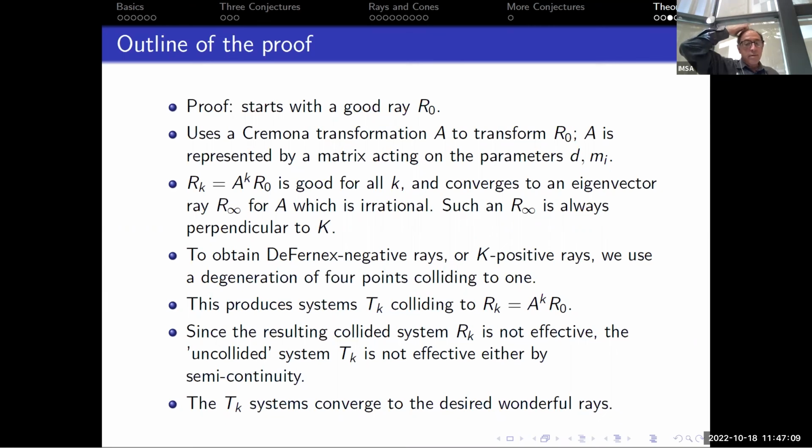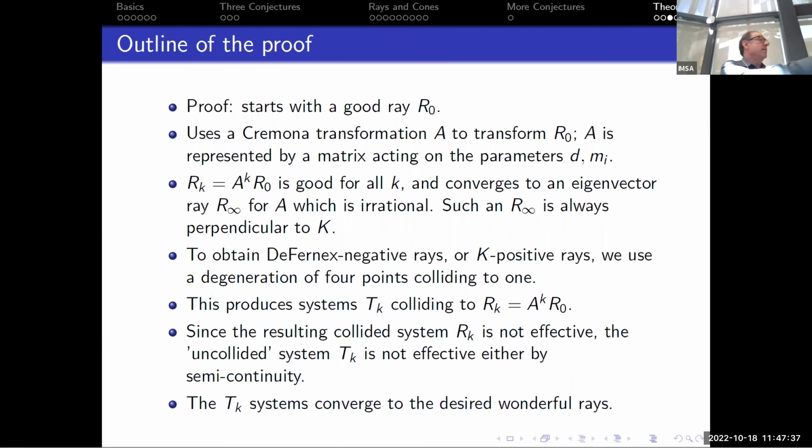This produces systems which collide to these Cremona images, and the limit of those systems then, you're replacing 1 point by 4, right? So you go from 10 points to 13 points or more. That's why the wonderful rays require 13.